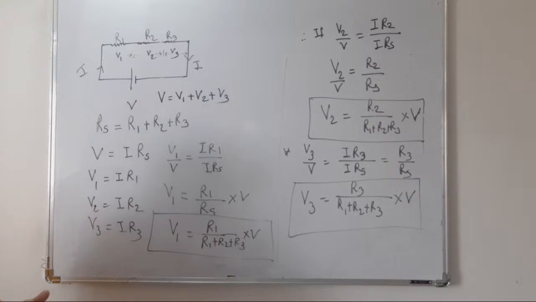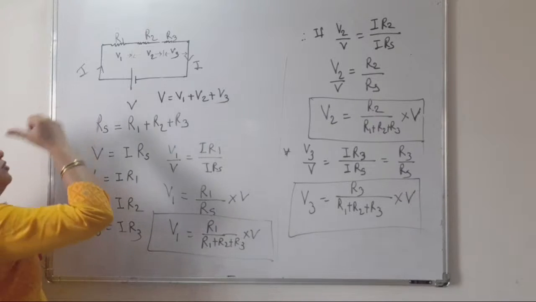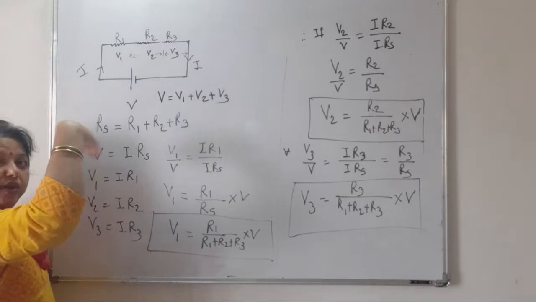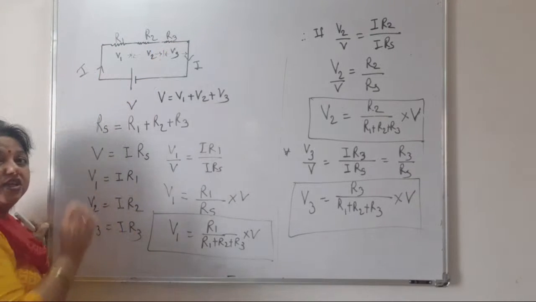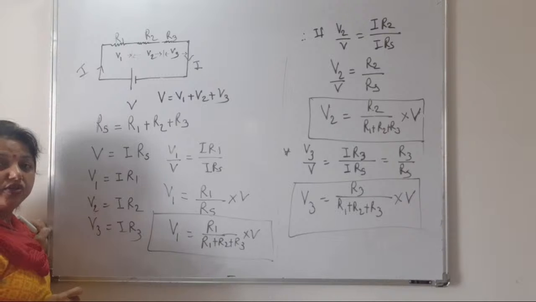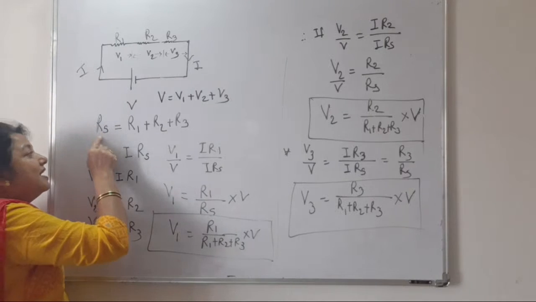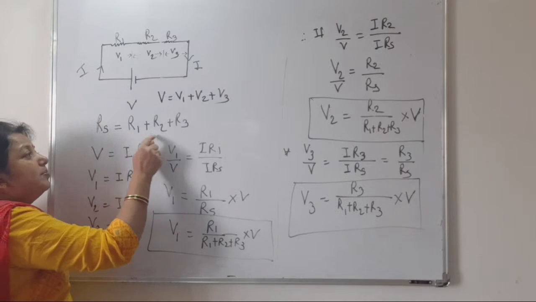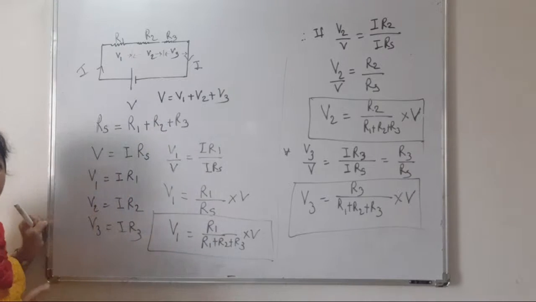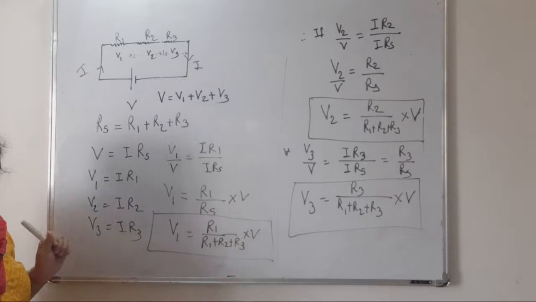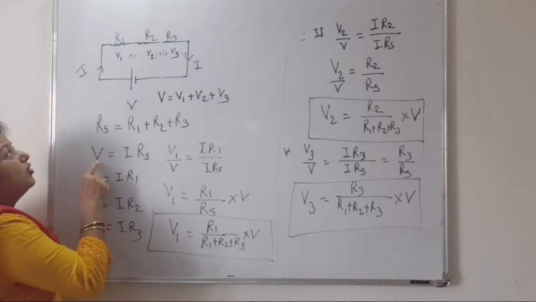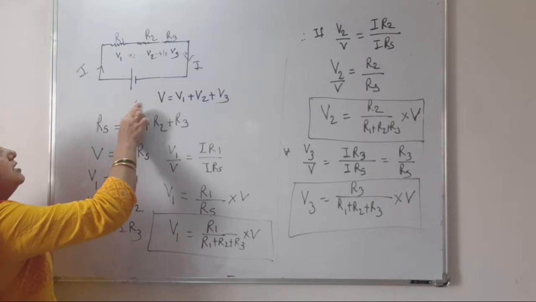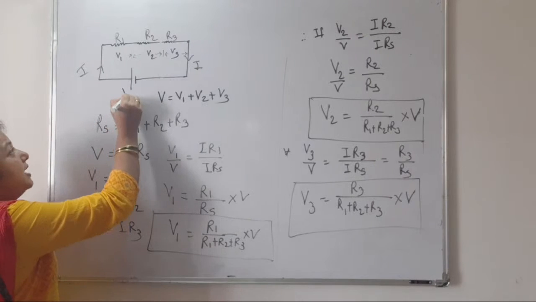Okay. In our previous two lectures I told you that whenever resistances are in series, the overall effective resistance or equivalent resistance RS is equal to R1 plus R2 plus R3, because they are in series. In parallel their reciprocals get added. Okay, so V is the potential of this battery.